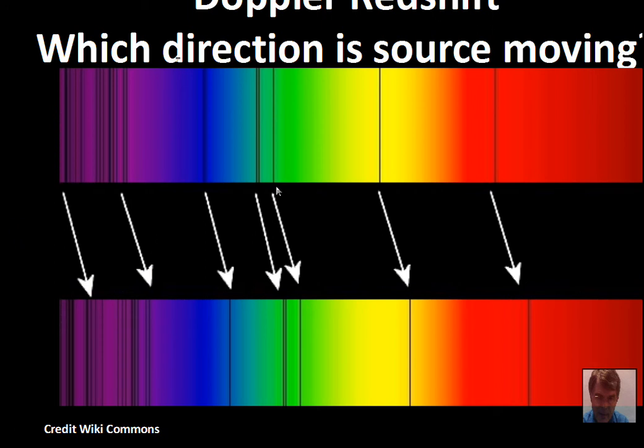If on the upper top we're in the laboratory and we measure these wavelengths for the absorption lines, at the telescope we find that these absorption lines are in this position. What direction is the source moving? Well, you should analyze this and see that the absorption lines are shifted towards the red. They have longer wavelengths at the telescope for the object than they have in the laboratory. Longer wavelength means redshift, is the name given to that. Longer wavelength results when the object is moving away from us.